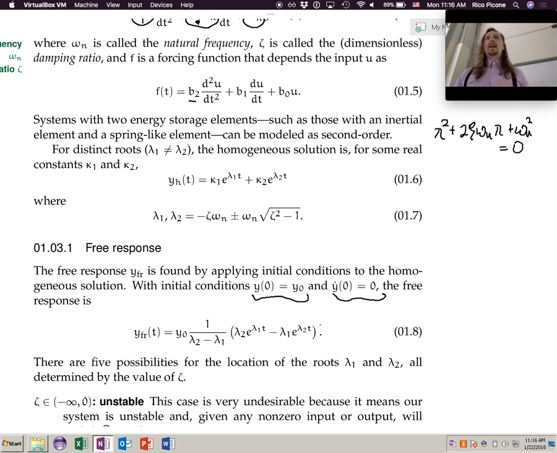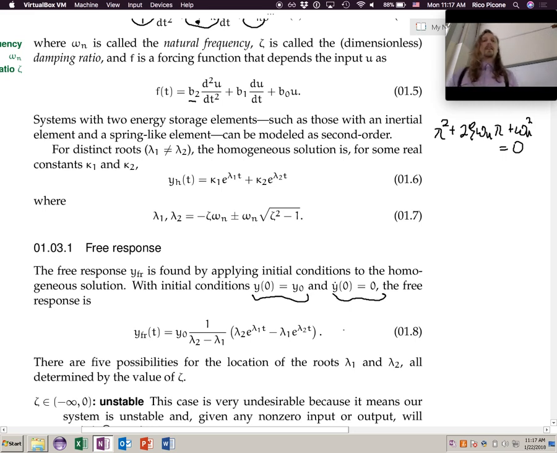There can also be the case where you have a non-zero initial velocity, that is, an initial time derivative of your output y, if y is position. That should be taken into account, and equation 1.8 does not hold. So it's important to see what went into equation 1.8. The free response in this case is given by equation 1.8.